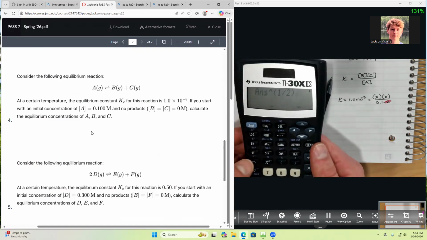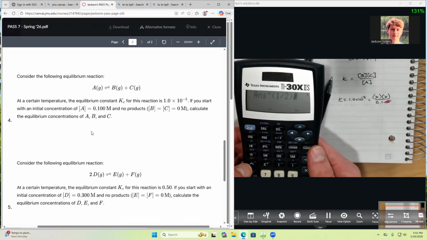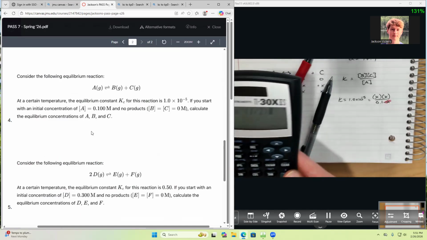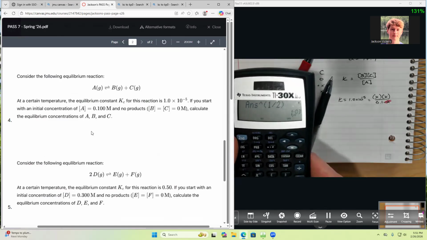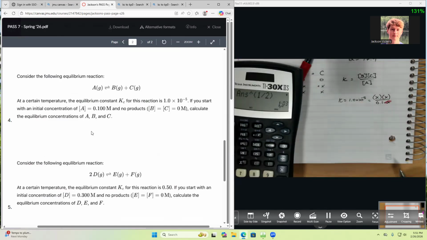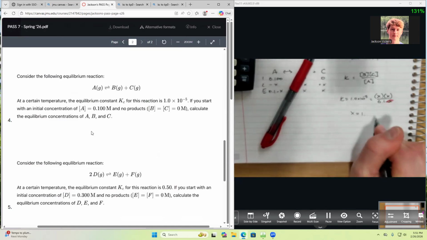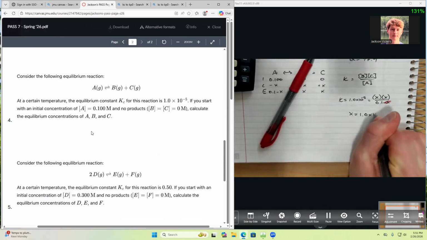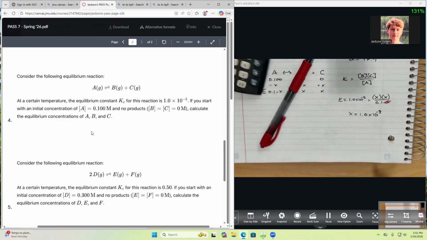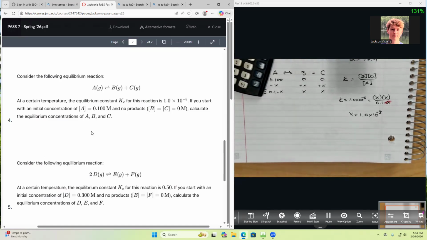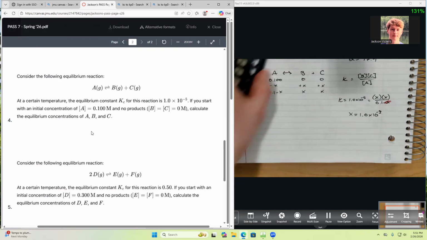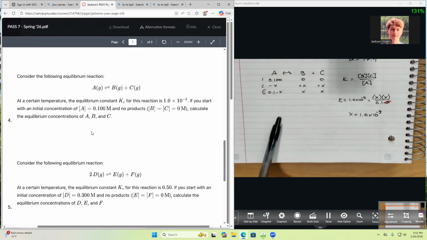I use the little caret on my calculator and then put in parentheses 1 divided by 2. And so we see that x is equal to 1 times 10 to the minus 3. And it's very possible that he would give you this as an answer. And oftentimes that's not what they're asking for. So this is x. What we need to do now is plug this back into our ice table.